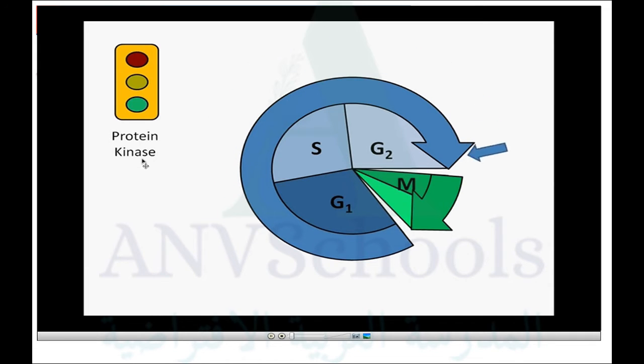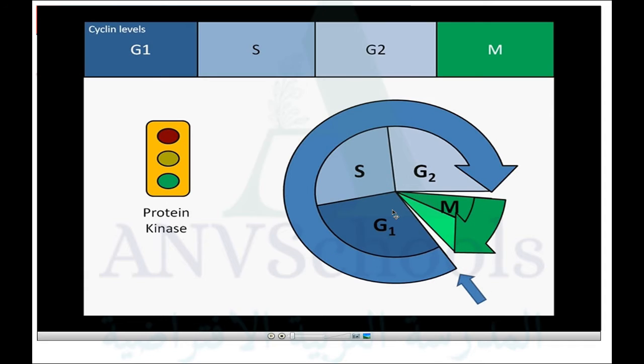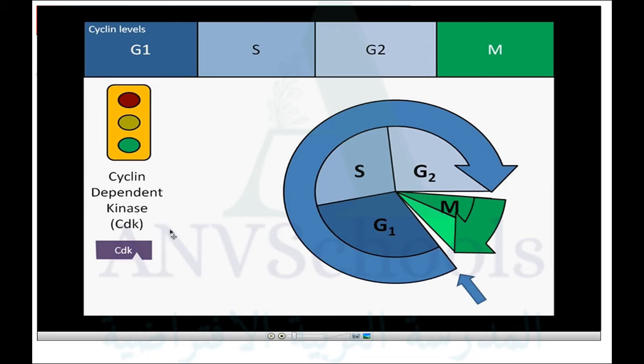It goes from G1 up to the last here, and it will be stopped. So cyclin levels in G1, the level increases and increases and increases to the maximum, then this leads to a kinase to be active, and this might stop the continuation to the next level.